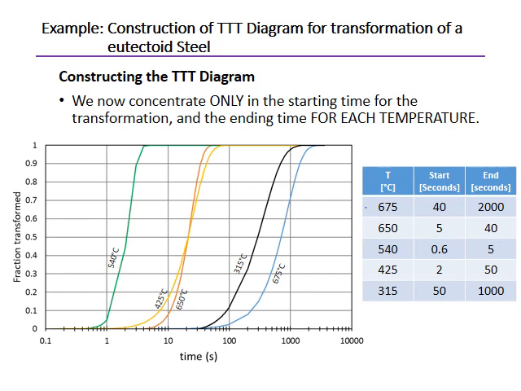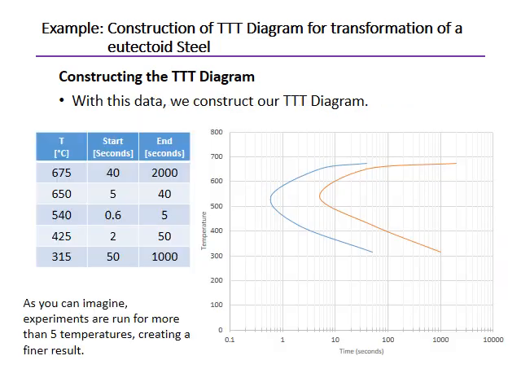So we continue to do that for each of the graphs. So now that we have the start and end points for each of the temperatures, we can start to construct our temperature time transformation diagram.